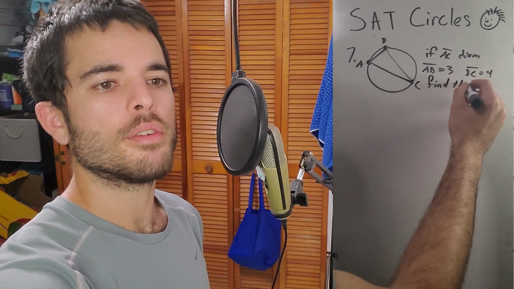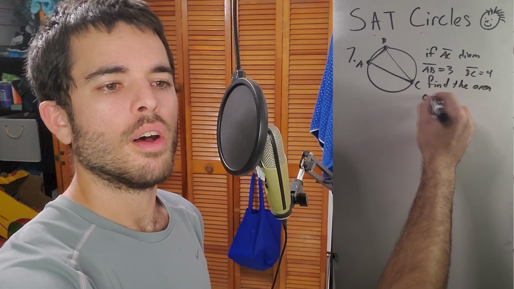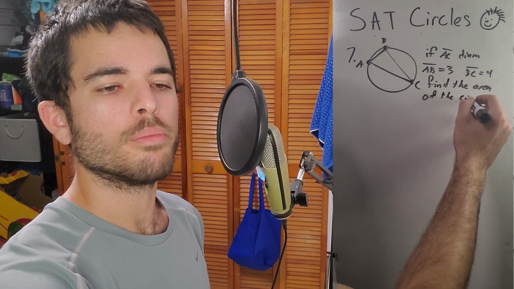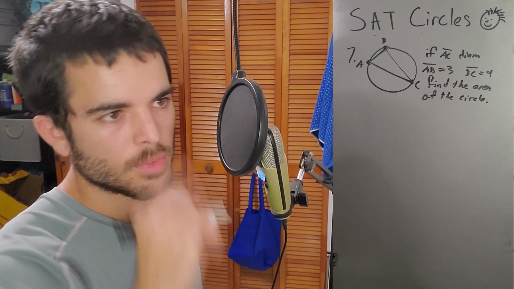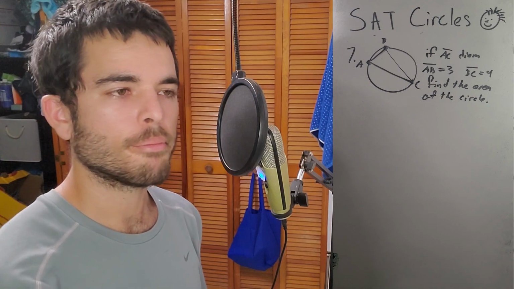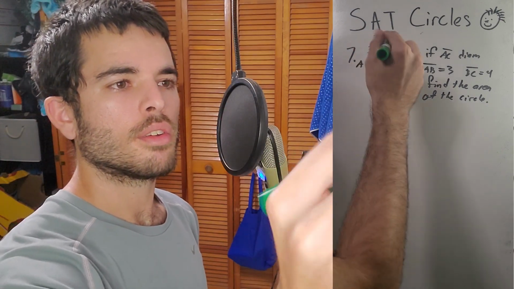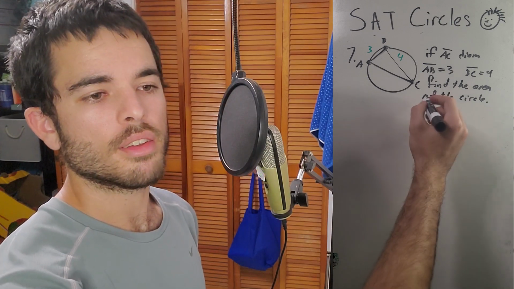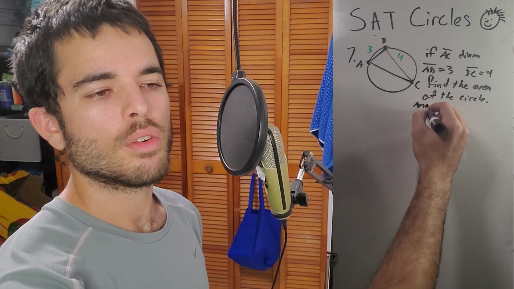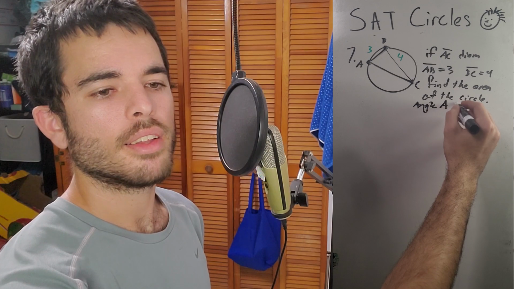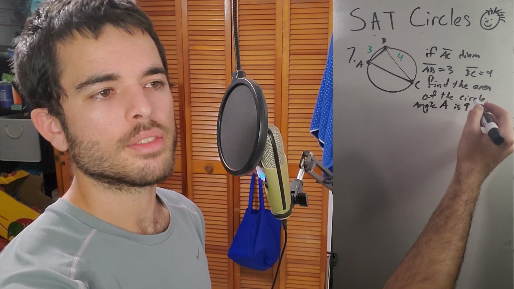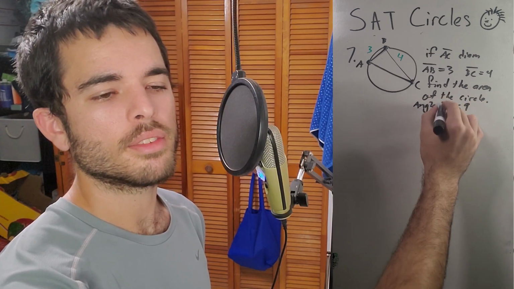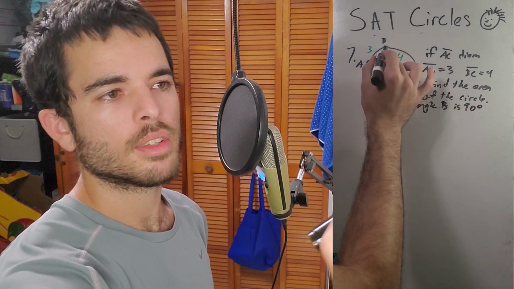Find the area of the circle. Okay, so let's label our diagram, right? 3, 4, and then let's also say angle A is 90 degrees. No, I'm sorry, B is 90 degrees.